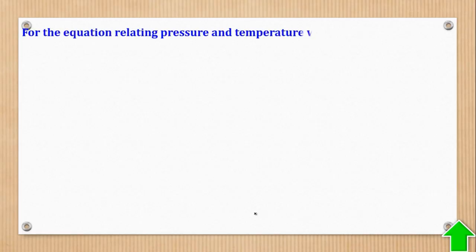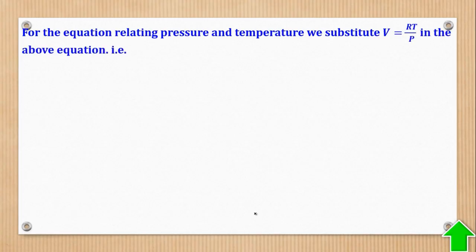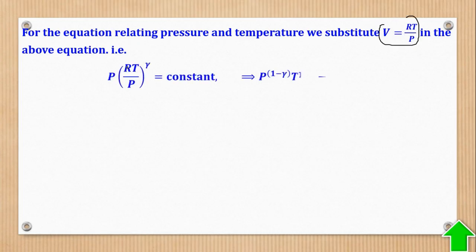Now, that is when it's given in terms of, remember, for adiabatic, all the three change: the pressure, volume, and temperature. Now, what if I want to get the relationship between pressure and temperature? It means that in the first equation, I will eliminate V using this formula, that PV is equal to nRT. So I'll substitute for V to come up with this.